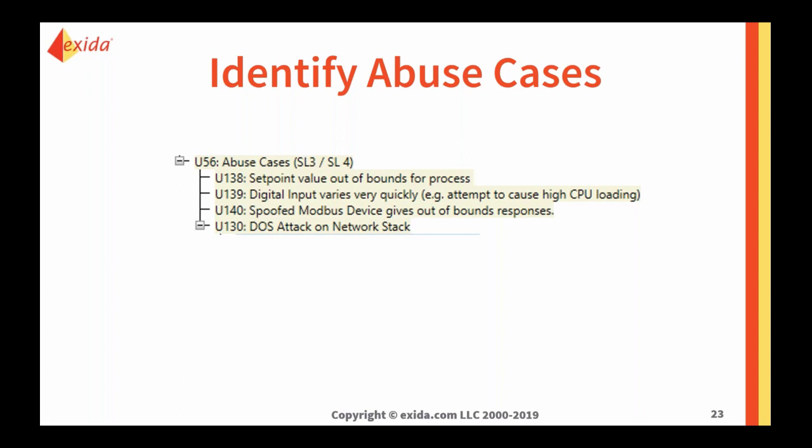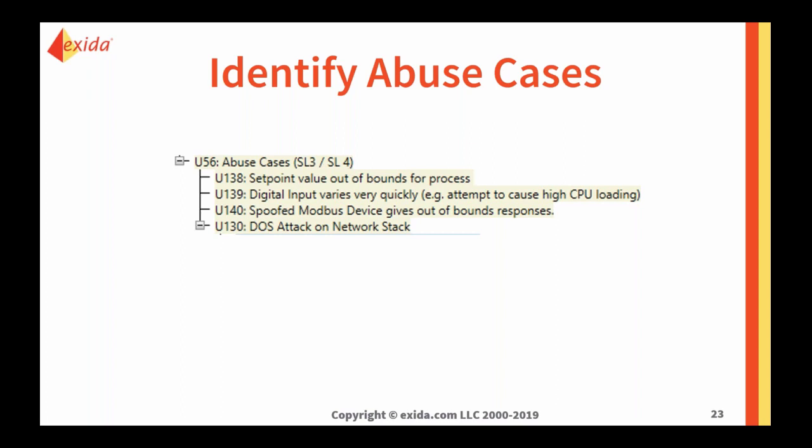Another kind of abuse case, from a different entry point instead of the browser/Ethernet point, might be from the digital I/O area. Here we may have a digital input that somebody has spoofed and is varying extremely quickly in order to get the device driver to operate at a very high CPU load, which could cause a problem with our recipes that might be running on the device.